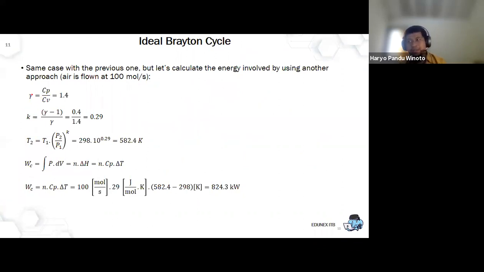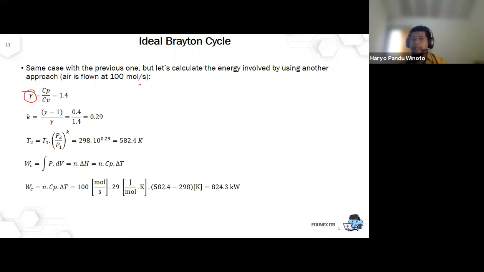I believe you understood it from your thermodynamics class. There is a gamma here, sorry, gamma, not lambda. Gamma is the ratio of Cp over Cv.